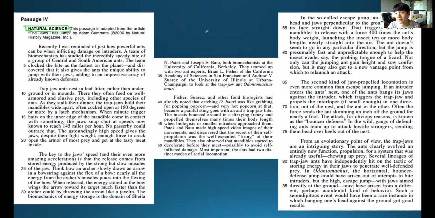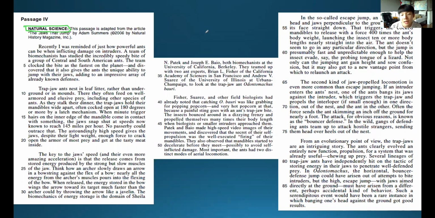There are 4 different types of reading passages, and they're always in the same order. Passage 1 is always prose fiction, passage 2 is always social science, passage 3 is always humanities, and passage 4 is always natural science. Now, you might say, well, is the double passage always in the same type?